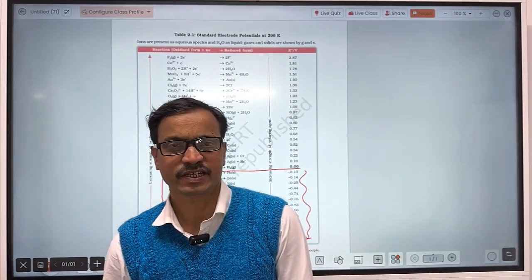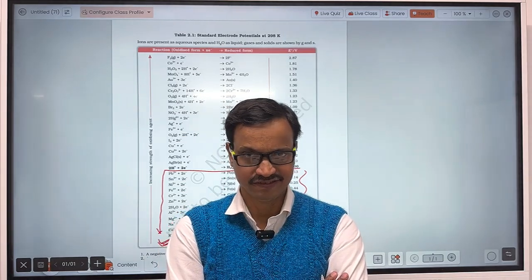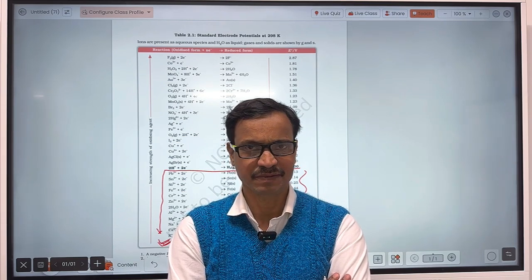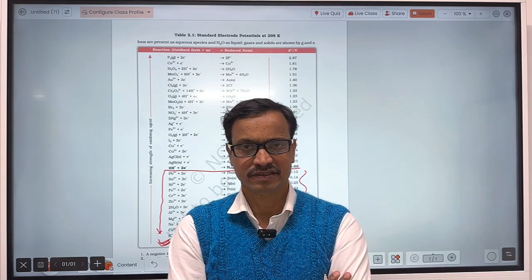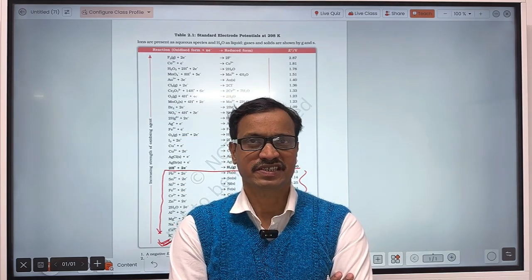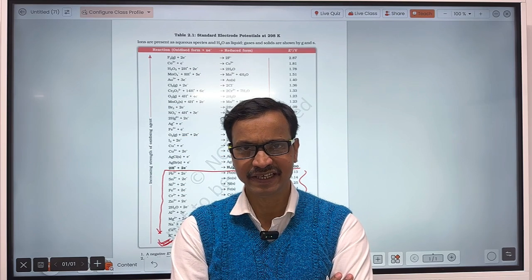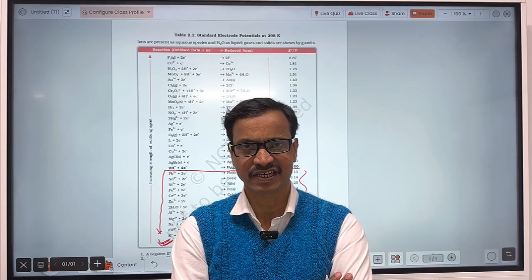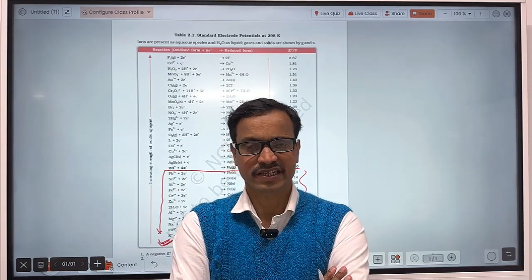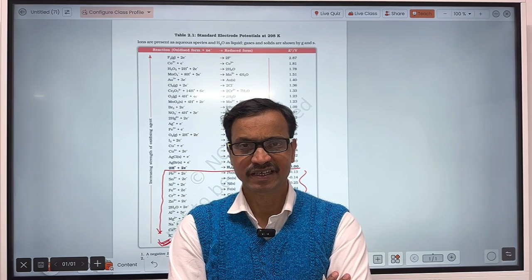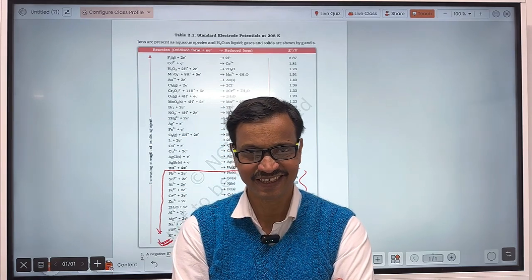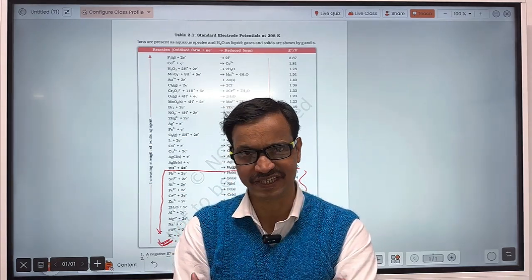If the standard electrode potential of an element is high, its tendency to get reduced will be high. If it is negative or lower, its tendency to get reduced will be less and the tendency to get oxidized will be high. Watch this carefully and fix it in your mind.